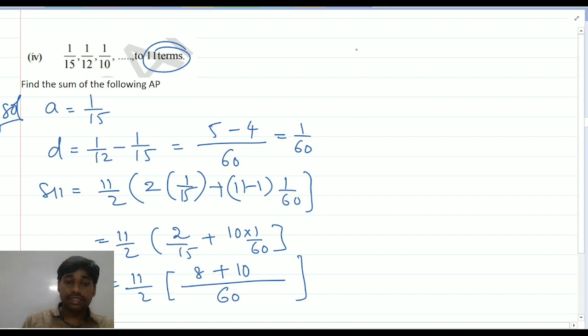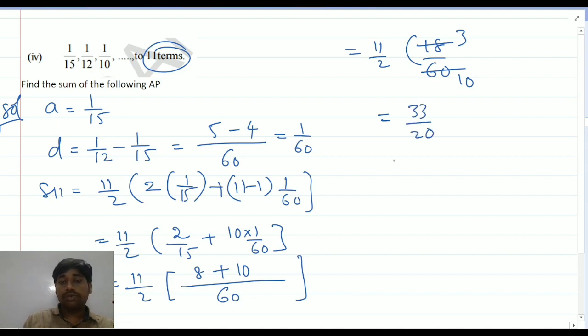So here we get 11 by 2 of 18 upon 60. 6 3s are 18, 6 10s are 60. So 33 by 20. We can write this as 33 divided by 20.